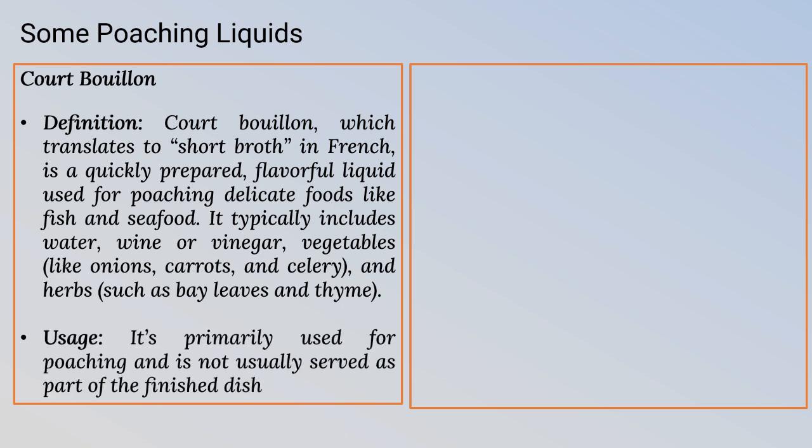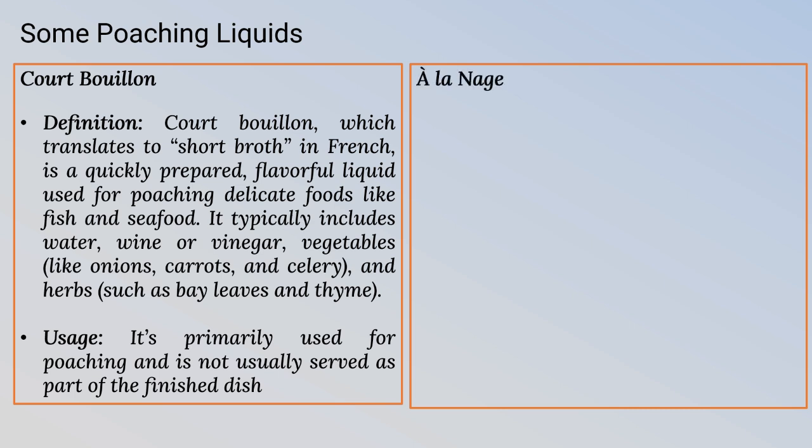Usage: it's primarily used for poaching and is not usually served as a part of the finished dish. Very, very important area. The liquid which is used as a court bouillon for poaching a fish is not served with the fish. We can use that liquid for preparing an accompanying sauce, and that sauce can be served with that. Am I clear? Fine, very good.